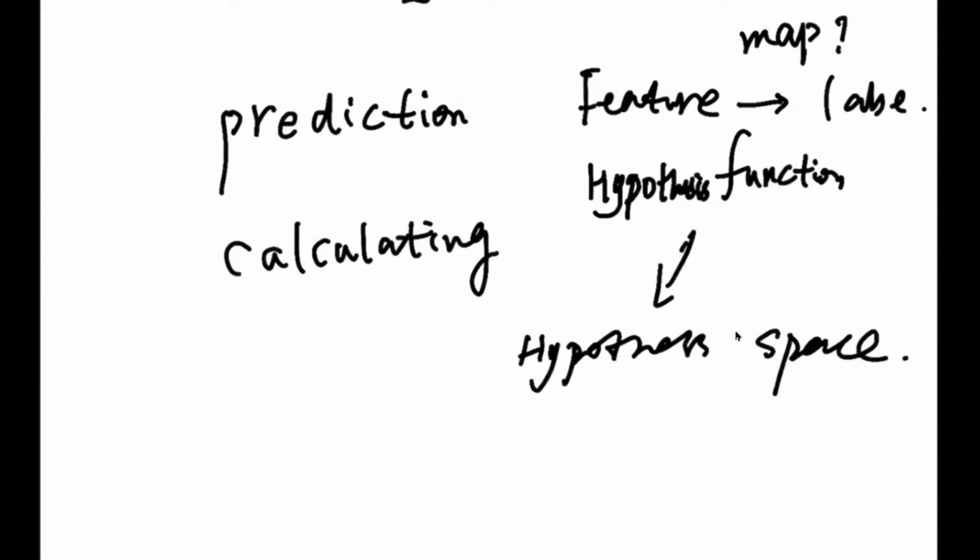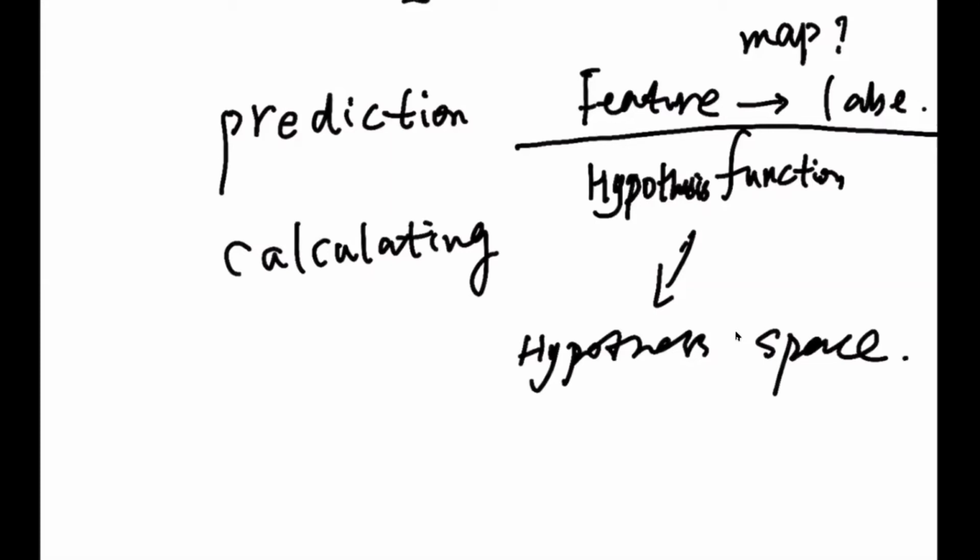But I saw some summations. Their problems are not prediction problems. They're actually calculating problems, because sometimes you know the function. Maybe you don't know, but the experts in that domain know the function or the formula for that problem.